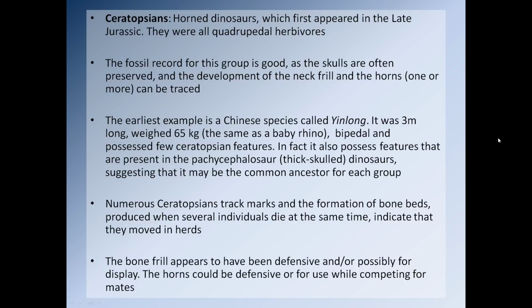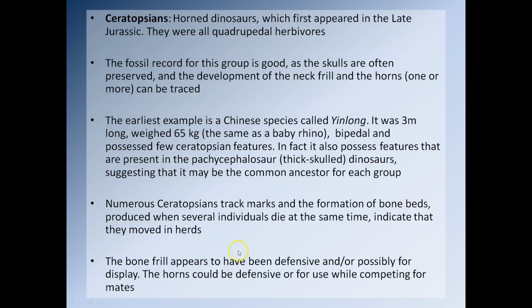However, it does have some features that hint at it being the ancestor dinosaur for the Ceratopsian group. It actually possessed features that were present in the Pachycephalosaurs. So it would seem that Yinglong, if it is the ancestor species for the Ceratopsians, may also be the ancestor species for the Pachycephalosaurs, and that would suggest that those two groups are quite closely related.